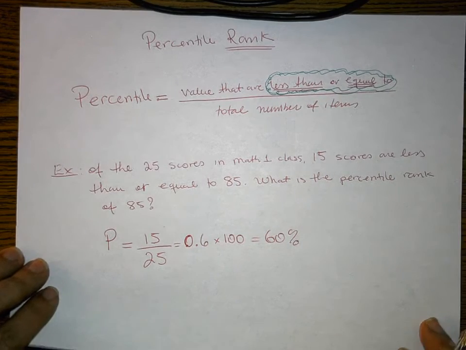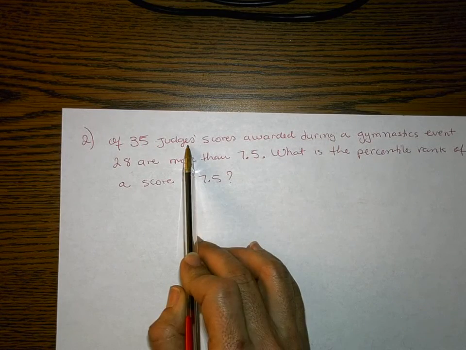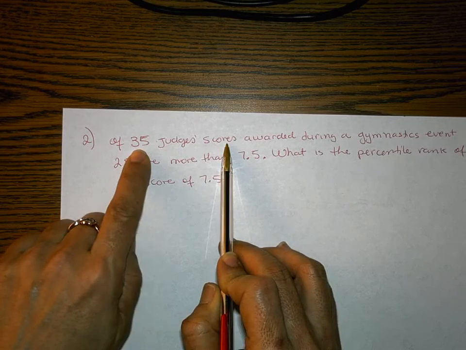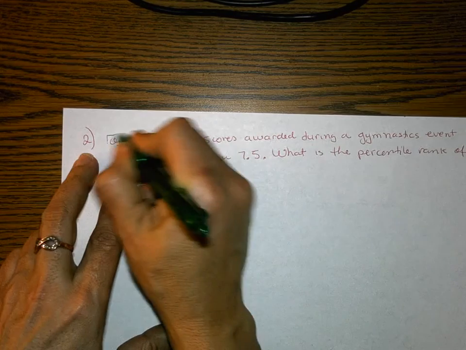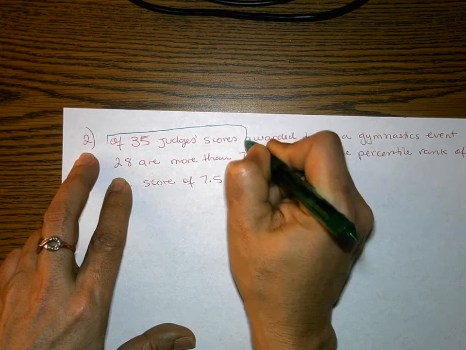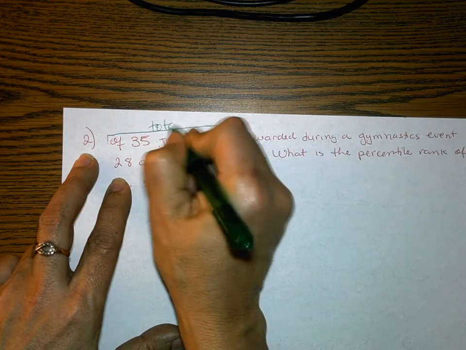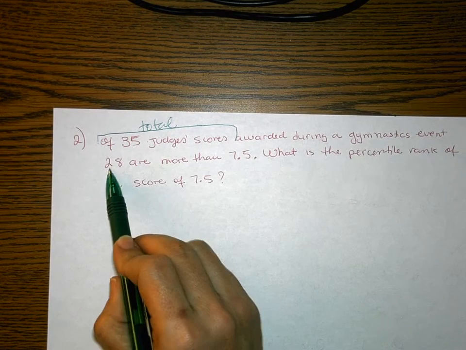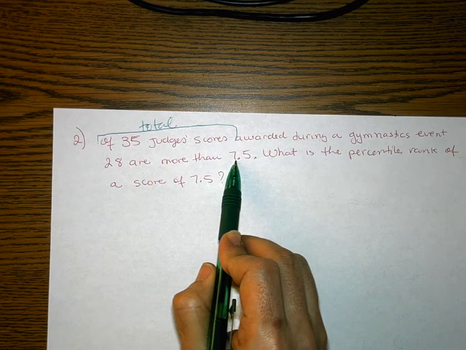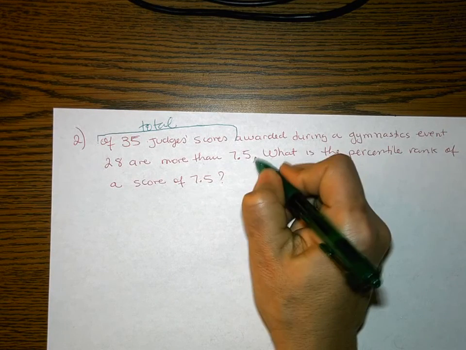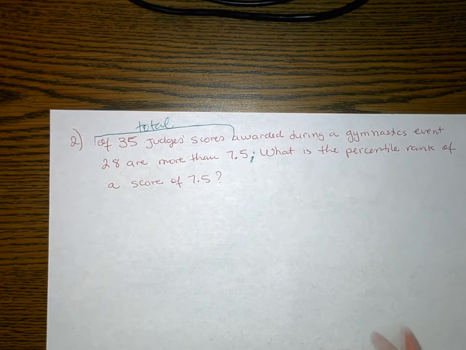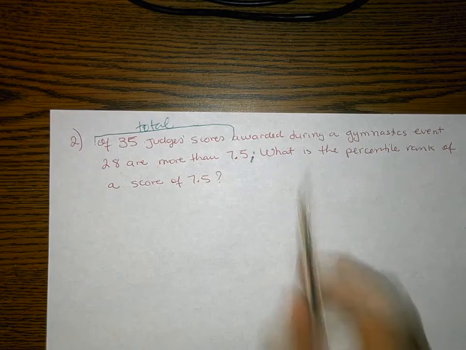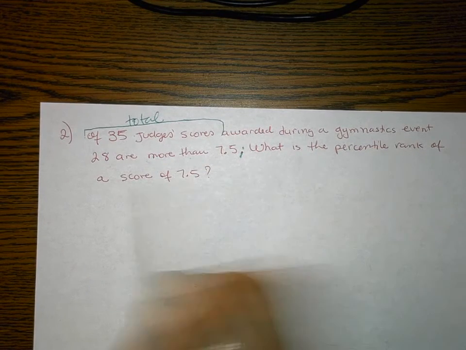The next one says, of 35 judges' scores, that's my total, awarded during a gymnastic event, 28 are more than 7.5. What is the percentile rank of a score of 7.5?